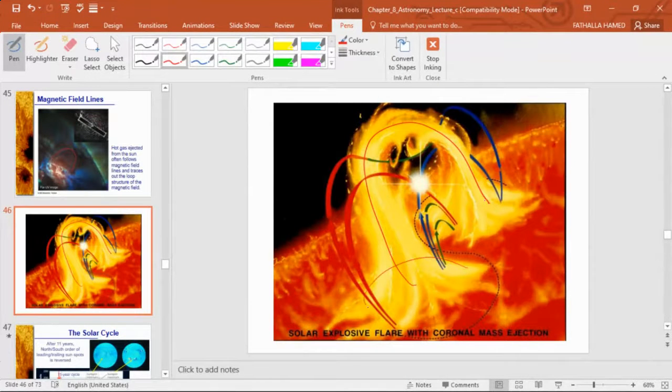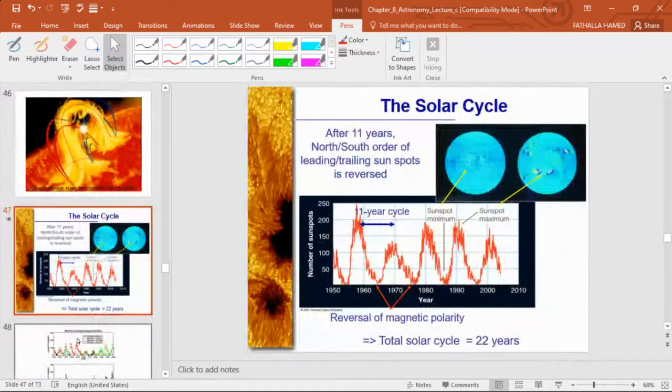But what's happening in these sunspot regions? The idea here is that the magnetic field, which is 1,000 times stronger where you have a sunspot, is going to inhibit the motion of the material there. It's going to make it slower.